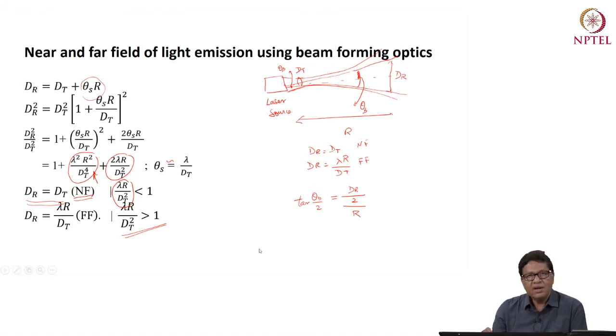And this angle is generally small, so tan theta can be taken as theta when the angle is small, up to 15 degrees. So this will give me theta by 2 is equal to dr over 2r, or theta b is equal to dr over r.